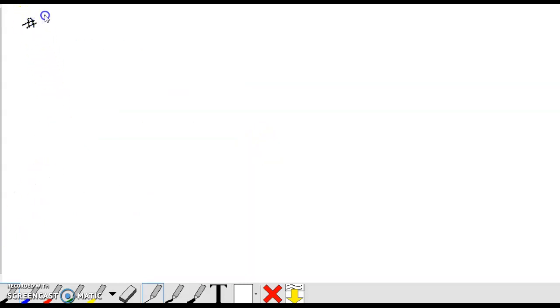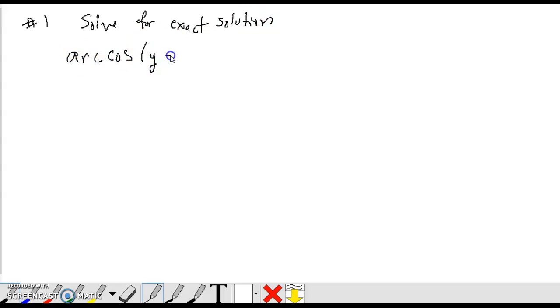So example number 1, we are going to solve for an exact solution to this: arc cosine of y minus pi over 3 is equal to pi over 6. Okay, so the first thing we're going to do, we're going to isolate our inverse trig.